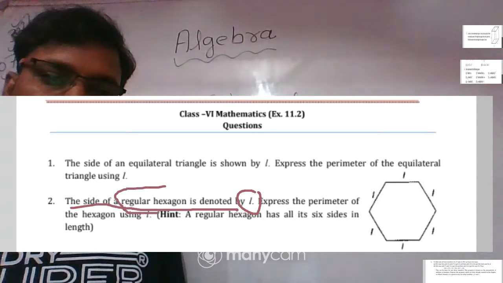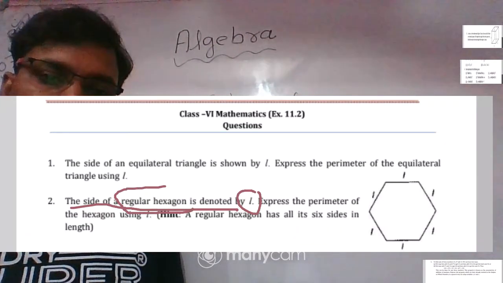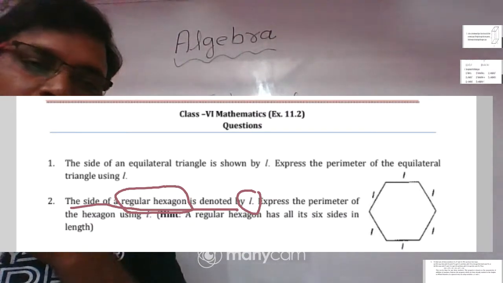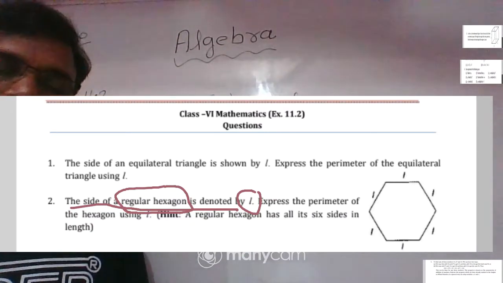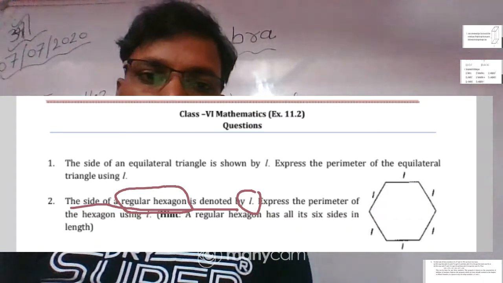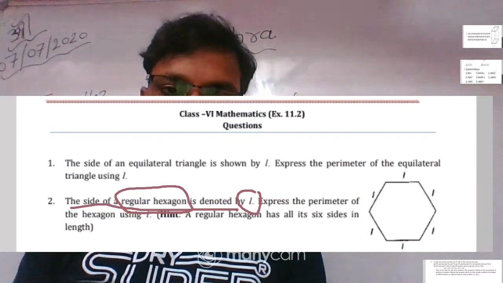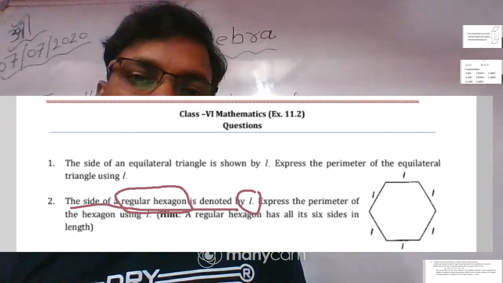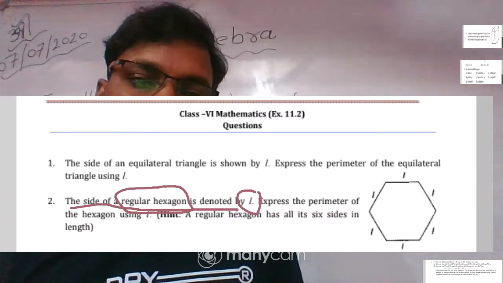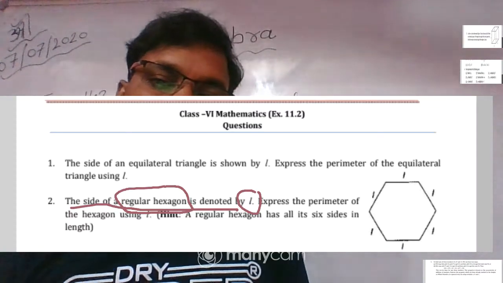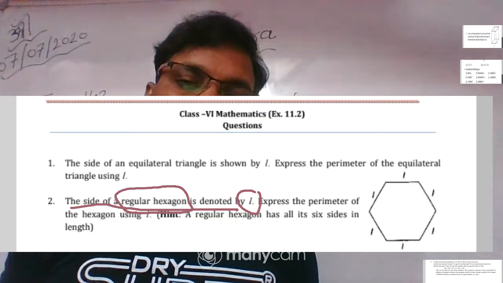Okay. Hexagon has how many sides? Hexagon has six sides. Okay. So what does regular mean? If any polygon has all sides equal and all angles also equal, then it is called regular.